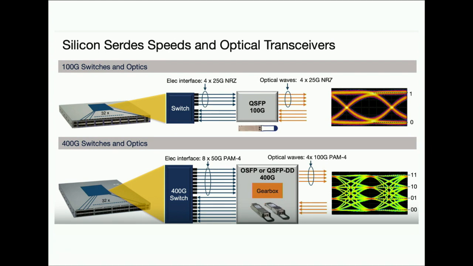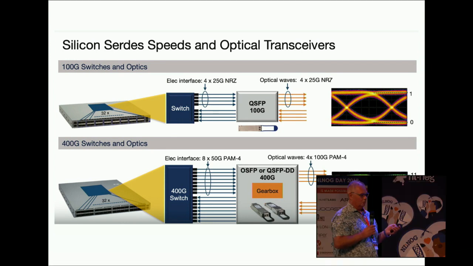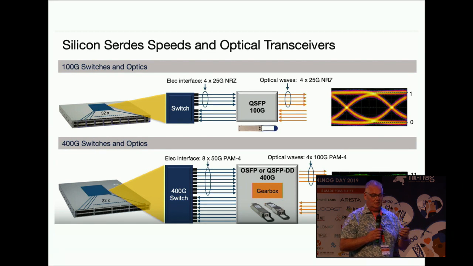So what is the major difference? On the 100 gigE switches, you typically have 4 by 25 SerDes, and with the 400 gigE, we have 8 by 50. And that means that existing 100 gigE optics that are using 4 by 25 are not by default interoperable with the 400 gigE ones.